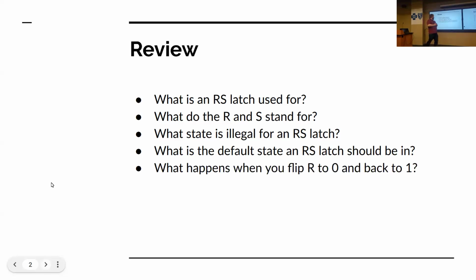What happens when you flip R to 0 and then back to 1? What happens to the value stored, to the Q output? Not necessarily flip. If it's already at the value, then it won't change. But what will Q be once you've done this?